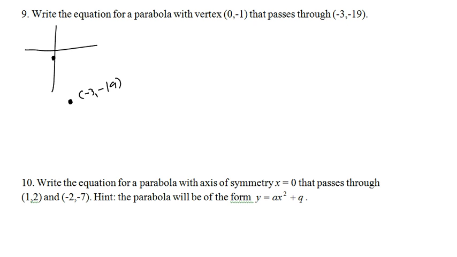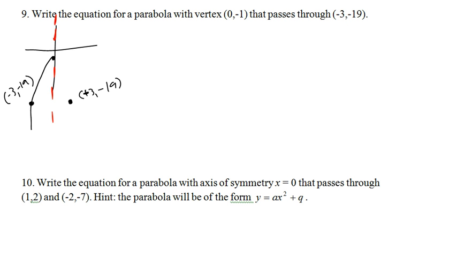And if the vertex is here, then the axis of symmetry is also going to be there. Oops, that is (-3, -19). Sorry. There's our (-3, -19) over there. My fault. And we'll also have a point on the other side of the axis of symmetry at (3, -19).